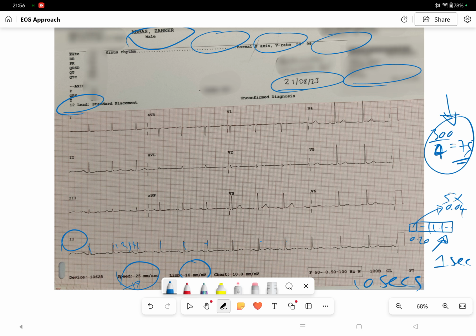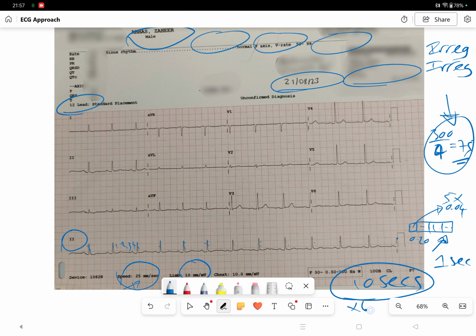If the R to R intervals are irregular, then that method falls by the wayside. In that situation, what I would recommend is to count all the R waves in this 10-second strip, and then multiply that by 6, because don't forget this strip is 10 seconds long and we've got 60 seconds in a minute.